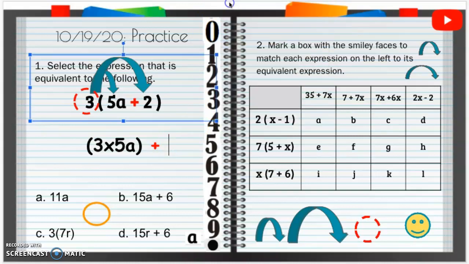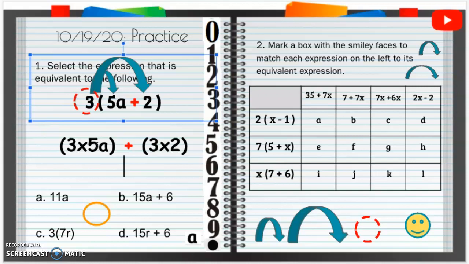I'm going to go back to our original color. Now we have 3 times 2. So 3 times 5a. Well, 3 times 5 times a. What is 3 times 5? The only way that you can combine letters or variables is if you're multiplying.